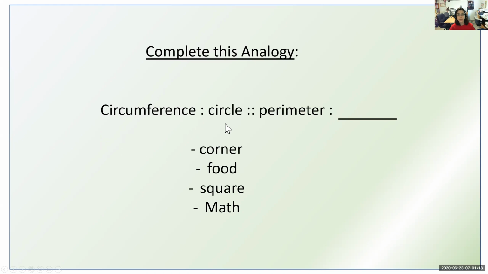So circumference is to circle, just as perimeter is to square, would make more sense than circumference is to circle as perimeter is to math. Math wouldn't really fit in there. That's why our option is going to be square. So our final answer would read circumference is to circle, just as perimeter is to square. Circumference and perimeter both deal with the outside of a shape, and circle and square are both shapes. So that's how we figured out that analogy.